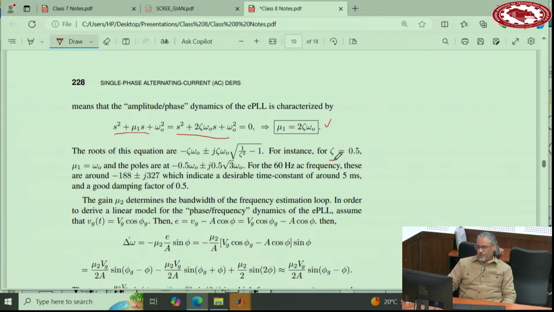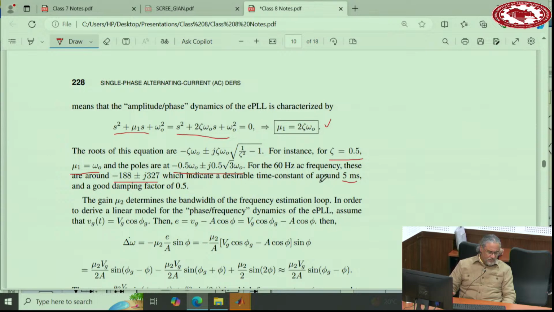If for a value of 0.5, mu1 becomes equal to omega 0. And the poles are here. For 60 hertz frequency, these are negative 188 plus minus j327, the poles of the transfer function, which indicate a desirable time constant of around 5 milliseconds.